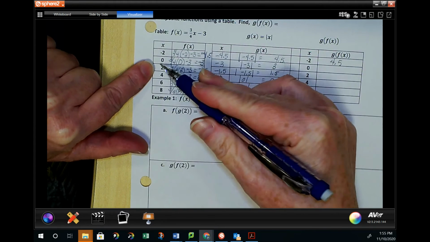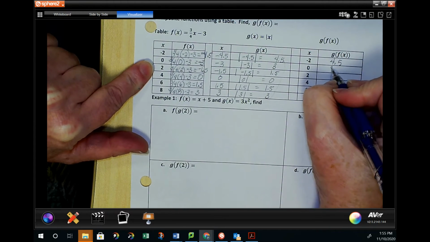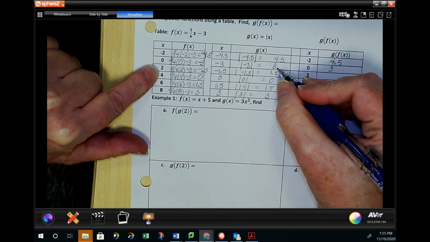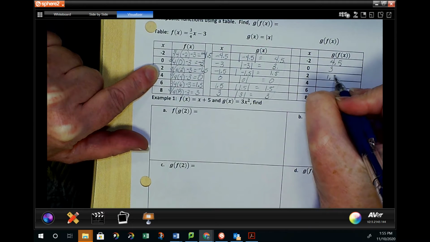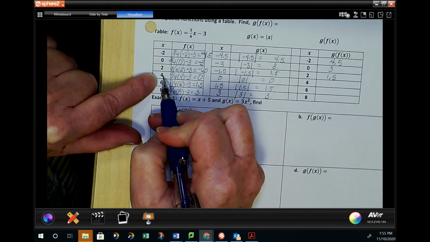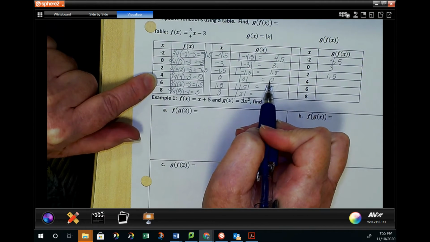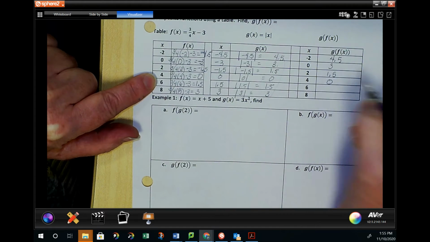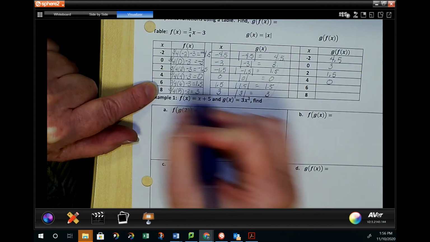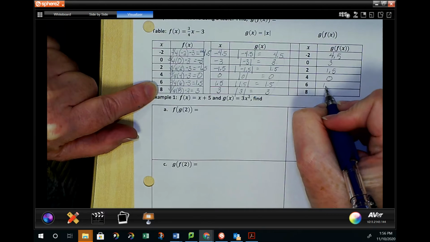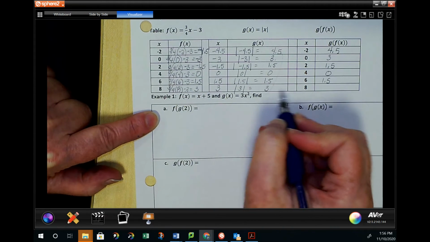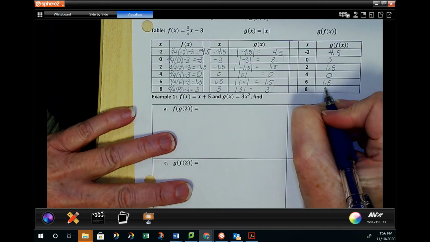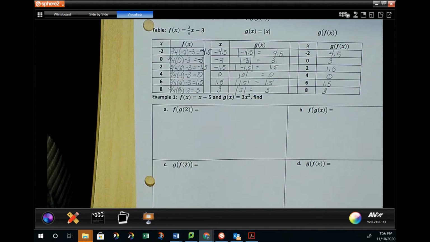When this was 0, my answer was 3. When I'm at 2, my answer is 1.5. When I'm at 4, my answer is 0. When I'm at 6, my answer is 1.5. And when I'm at 8, my answer is 3. So that's what you'd have if you're going to have a table.